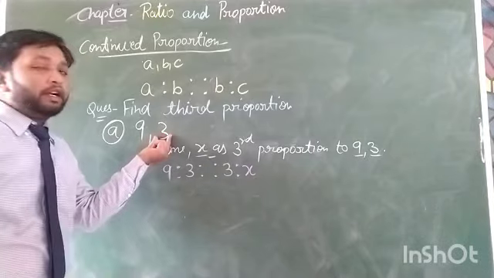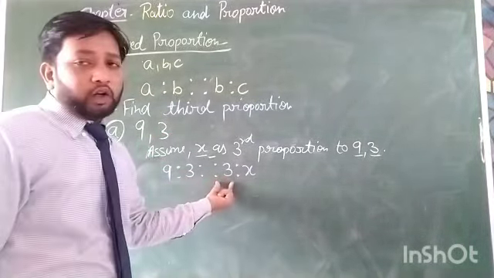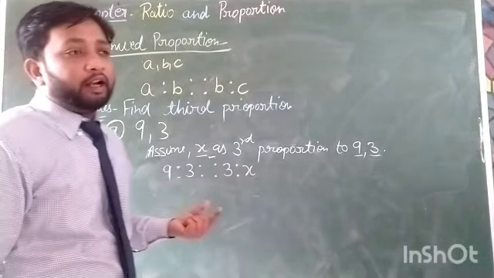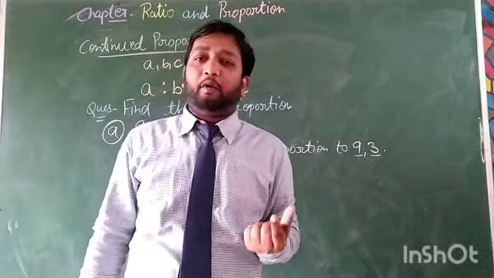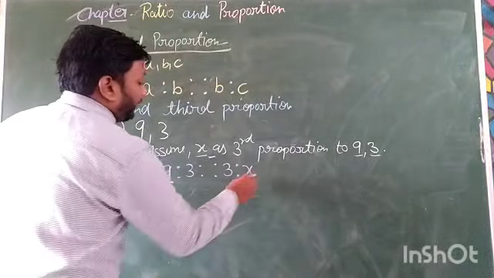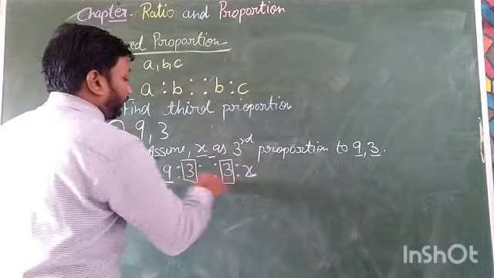Now the product of extremes is equal to the product of means: 9 and x are our extremes, 3 and 3 are our means.